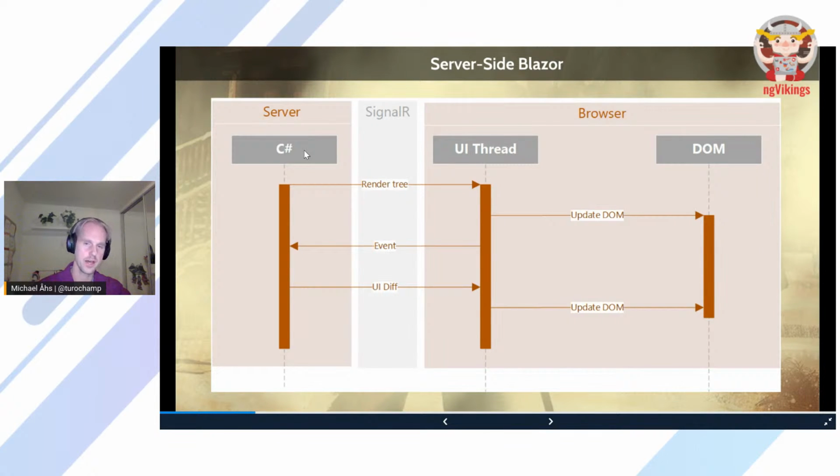So if you have 300 concurrent users on your site, then there are 300 instances of the tree in the server. That's sent to the UI thread, which is a simple JavaScript application, which then updates the DOM. If an event happens, like a keyboard or a mouse, then that's sent back. And the server looks at it and determines the difference, which is then updated to the DOM. All this comes together with SignalR, which is Microsoft's version of WebSocket. So it runs pretty well and fast, but it's not very exciting.